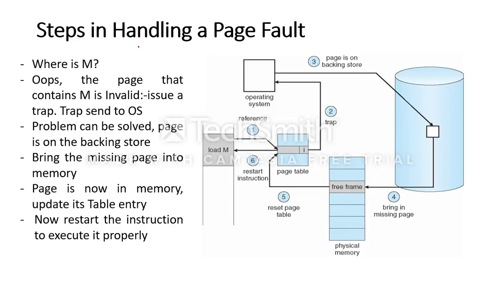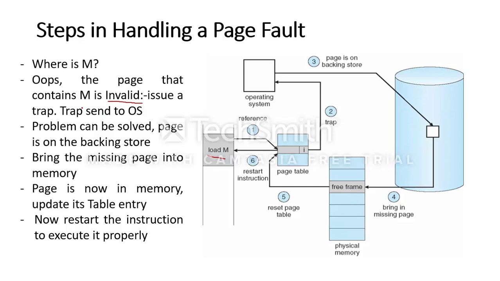So how do you handle the page faults? Let's say you want to load M, right? You are trying to load M into your main memory. Even if you check on your page table, you discover that it's indicated by an I, meaning it's invalid.